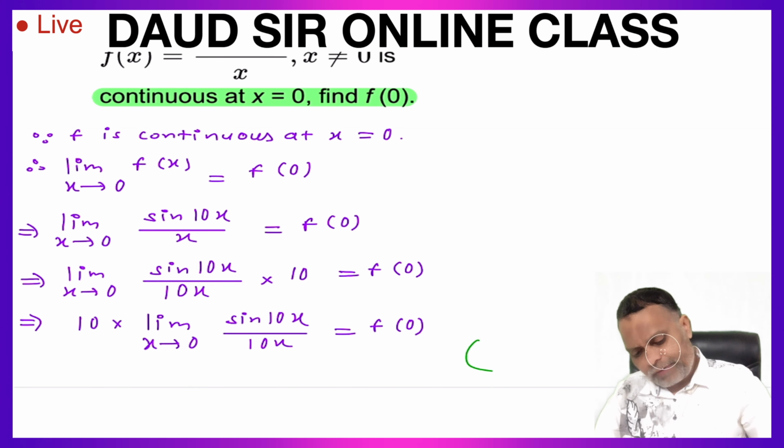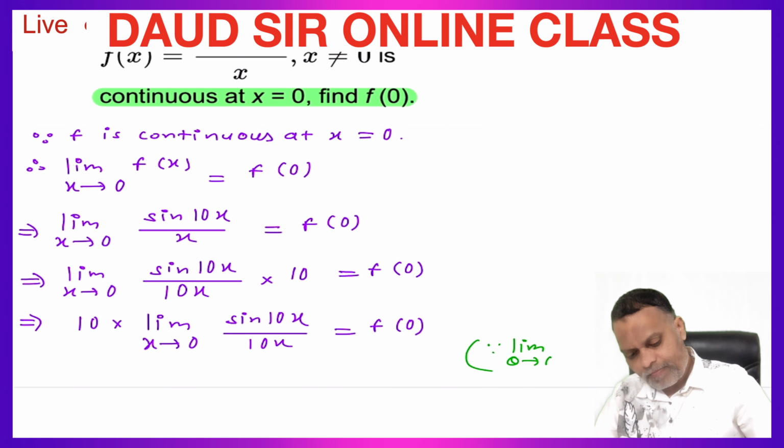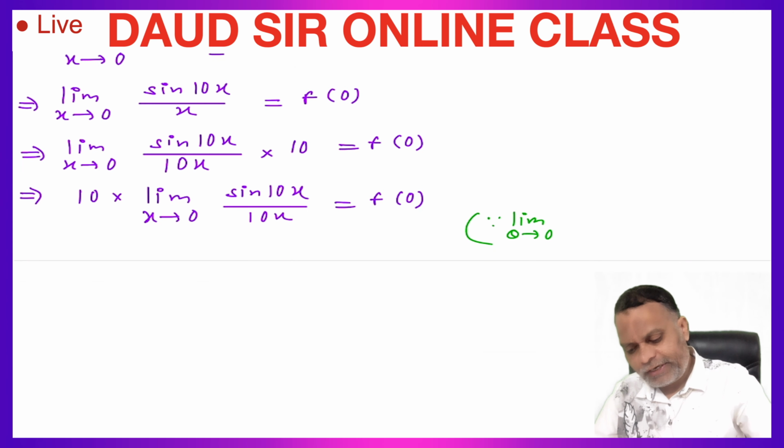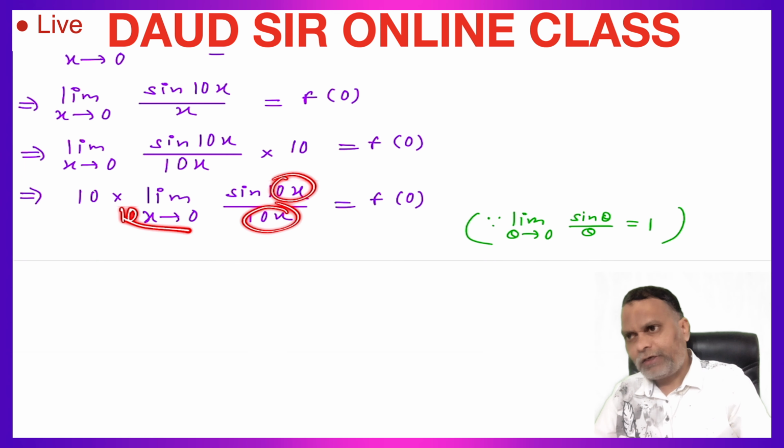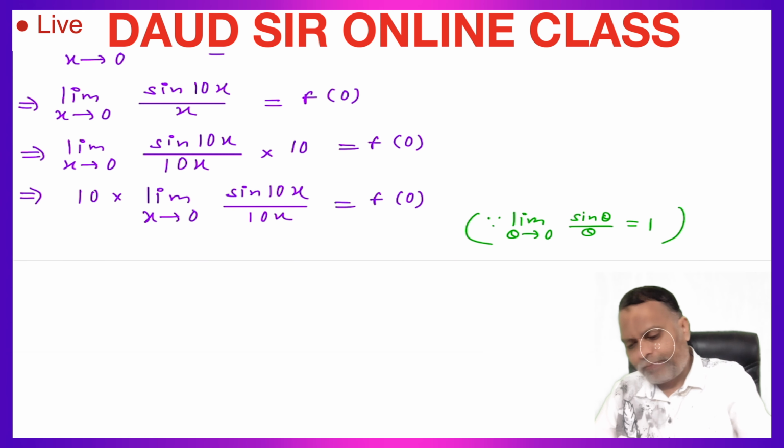By this limit, since limit theta tends to 0, sine theta upon theta is equal to 1. Here theta is equal to 10x, and 10x tends to 0, that is x tends to 0.